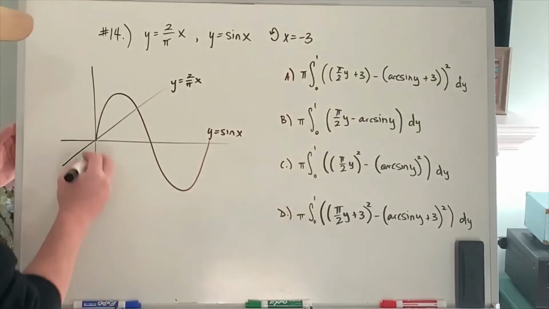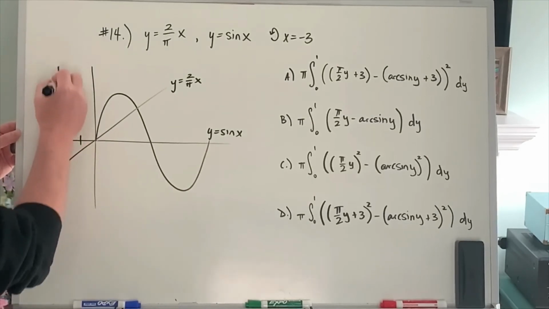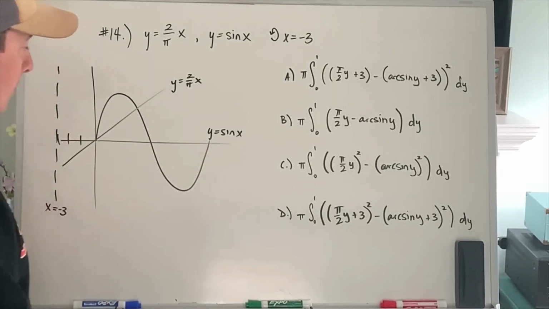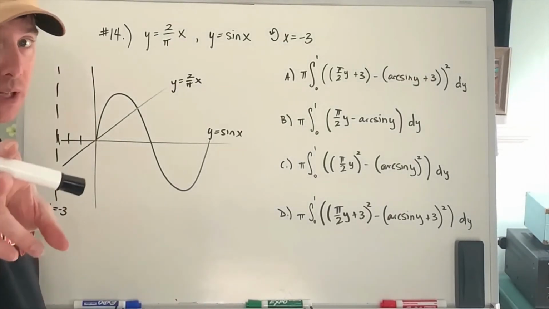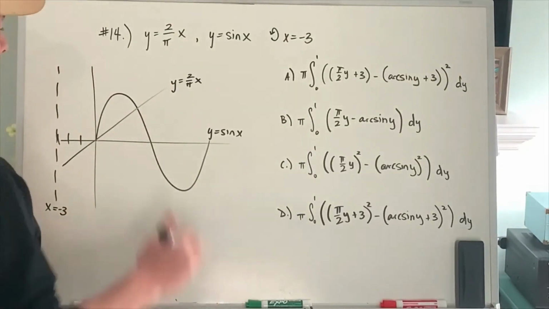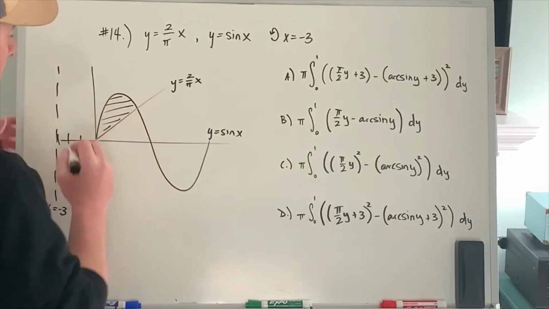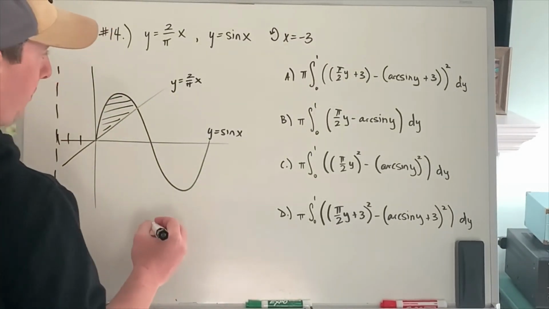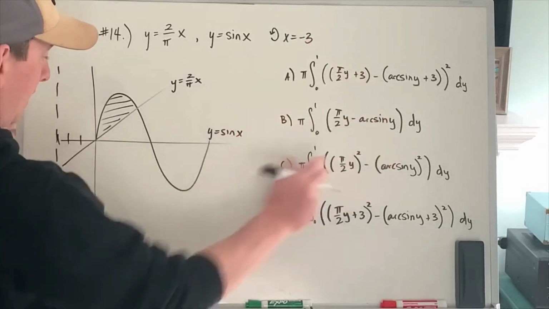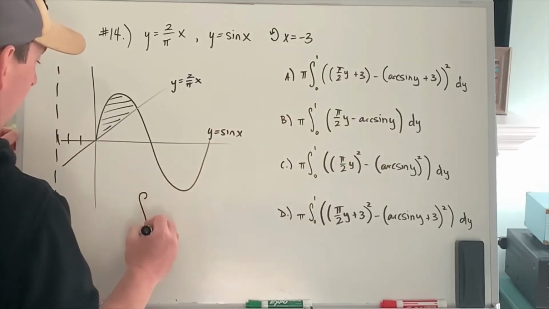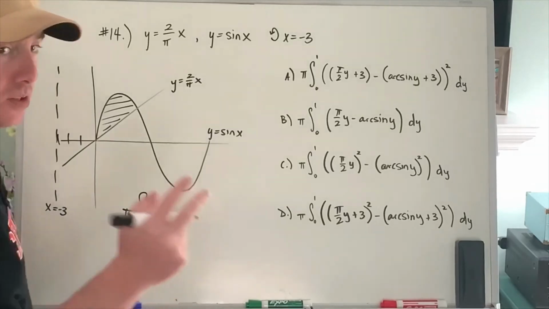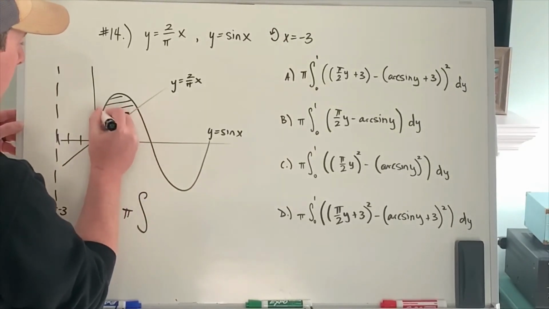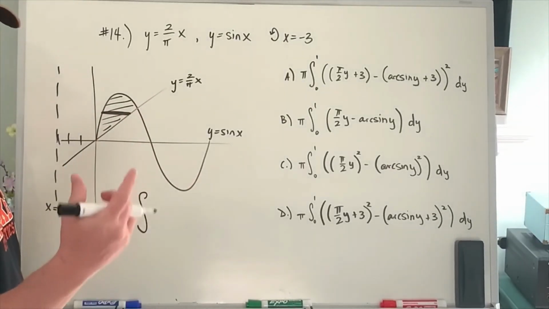And we're going around x equals -3, so there you go. We have to do all this without a calculator, by the way, because this is a non-calculator question. So this is our region, and we're going to spin around x equals -3. So without even looking at these answers, I'm definitely going to need 2 radii, because this rectangle is going to leave a big hole in the center.